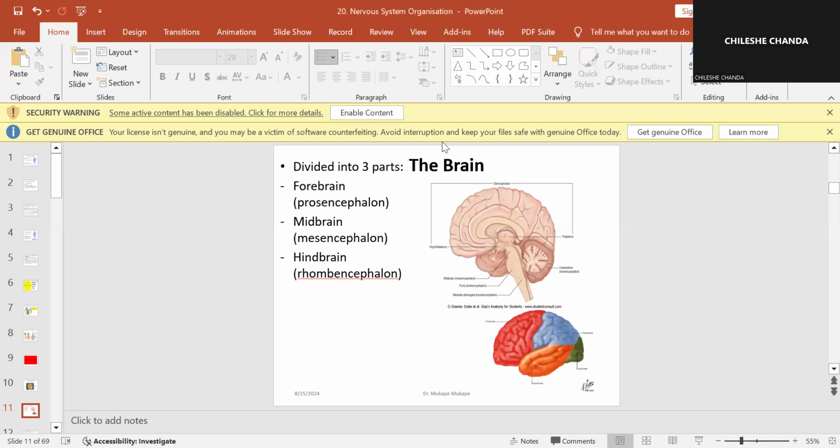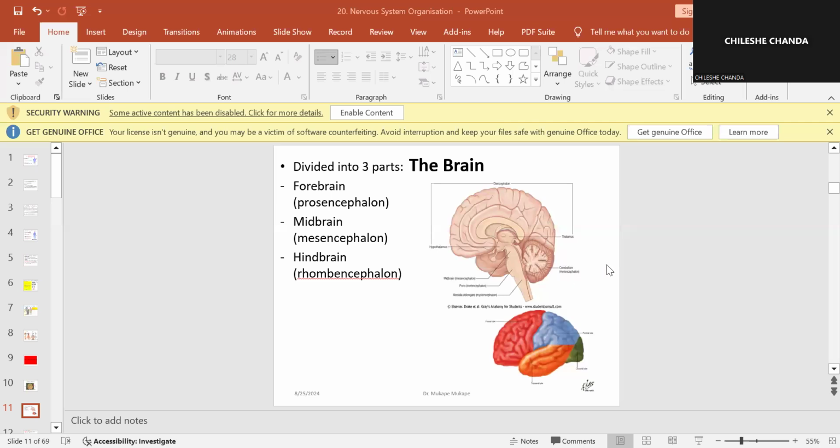If we look at this picture here, we're looking at the brain that has been cut in the sagittal plane, so that you're able to look at the medial aspect of one hemisphere.